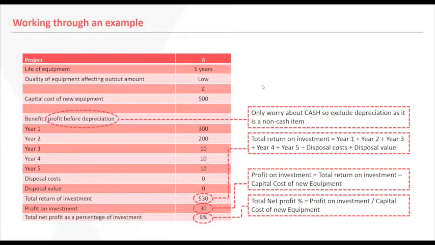Okay, so let's have a look at a few additional metrics because we've run through a payback appraisal method. Now we're just looking at project A as a snapshot. Can you see that what they very helpfully gave to us in this worked example was profit before depreciation?